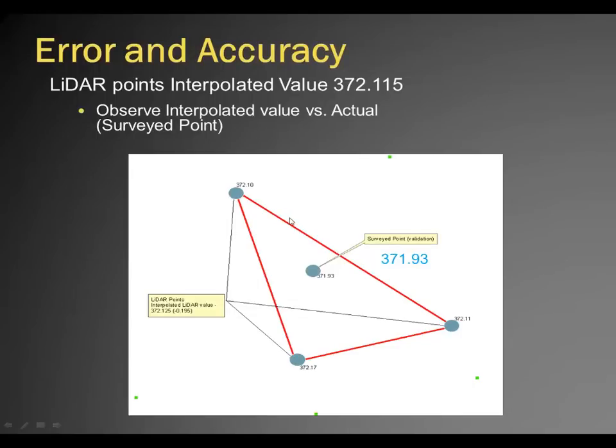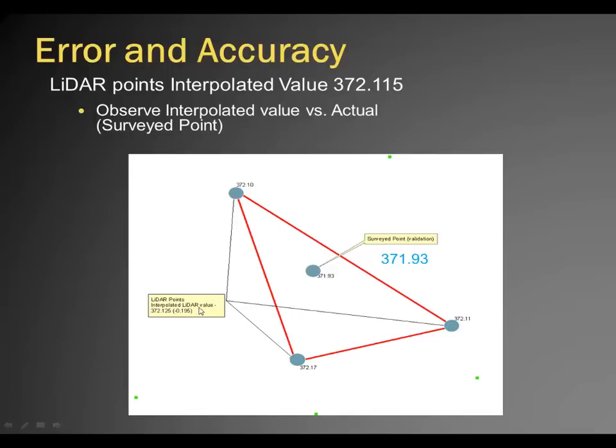Now, since the laser measurement doesn't fall exactly on our survey point, we had to do some interpolation. So we took the nearest laser measurements and we interpolated a surface so that we were able to get a good calculation of what the laser measured at our survey points. So from these actual laser points, we interpolated and compared it to our 371.93.